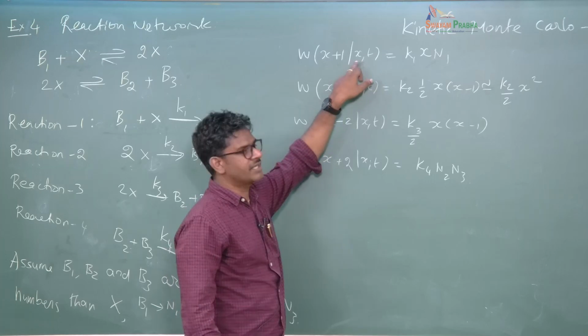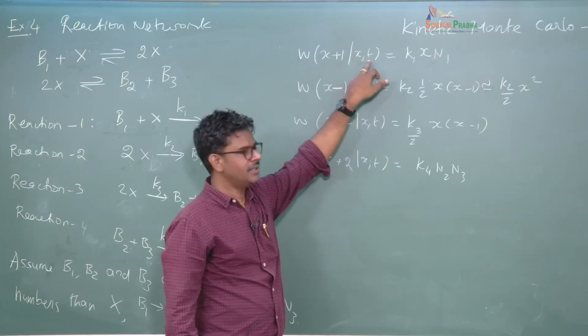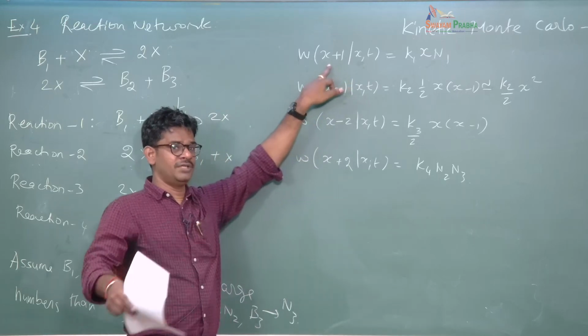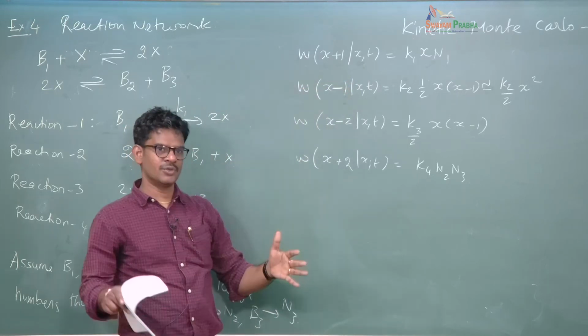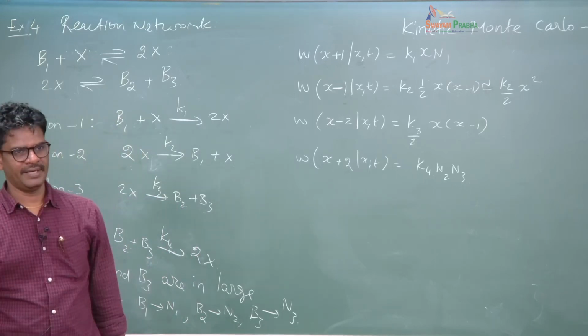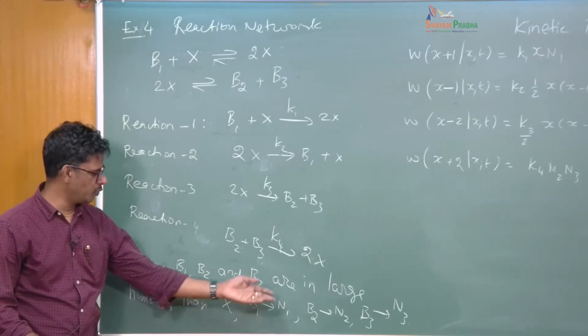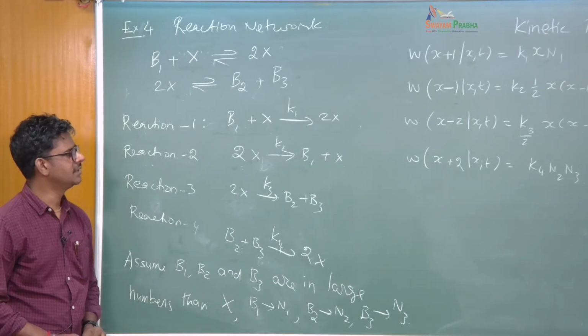We not only say X comma t, we also say what is the number of molecules of B1, B2, B3 and how B1, B2, B3 are changing when this event happens. So you can accumulate other variables also if you like. But here we are assuming B1, B2, B3, all of them, are constant.